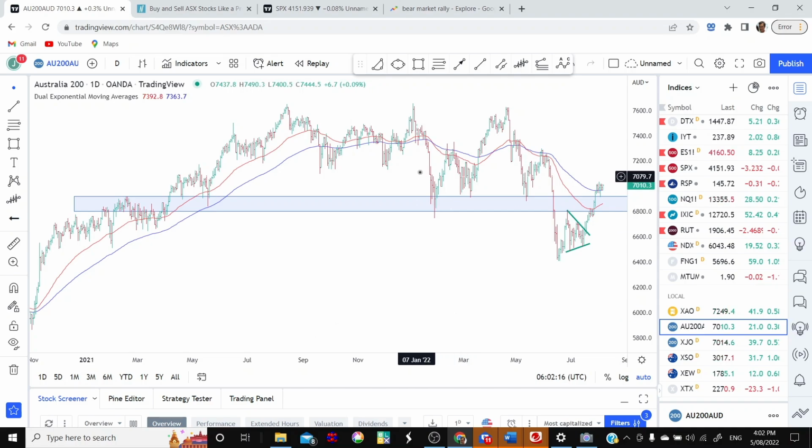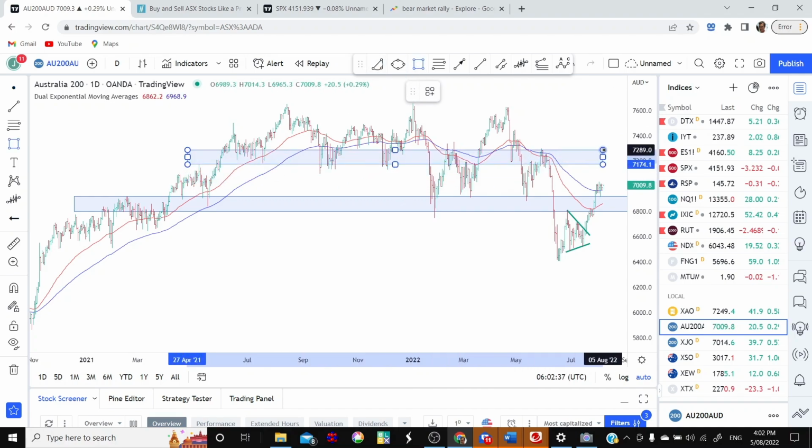There's also some resistance we've got to be aware of in the ASX 200. I'd say the next resistance band is probably around 7,200. Let's just draw that in.